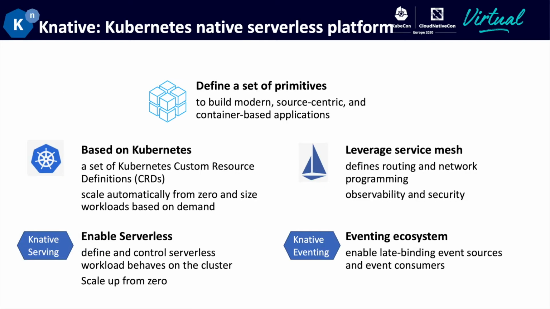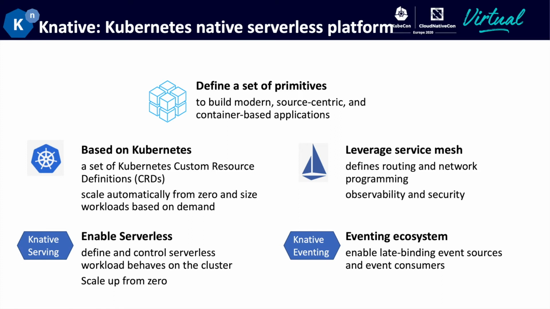Then comes Knative. Knative is designed to provide a serverless platform for developers, which will ease the developer workload to manage their cloud-native applications on Kubernetes. Knative defines a set of primitives to build this kind of modern source-centric and container-based applications.